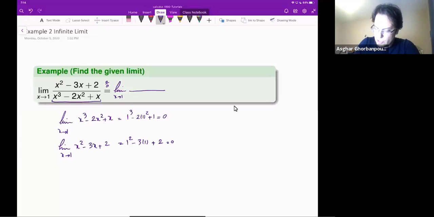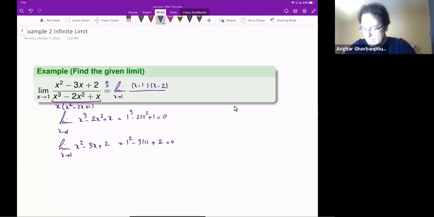Here the denominator is cubic. Cubics we cannot factor easily, but in this case there is a common factor x I can factor out, and the rest is x squared minus 2x plus 1. The numerator is quadratic, that's easy: x minus 1 times x minus 2.